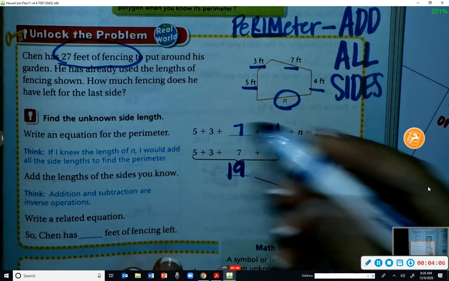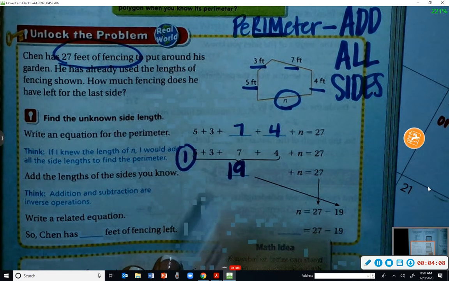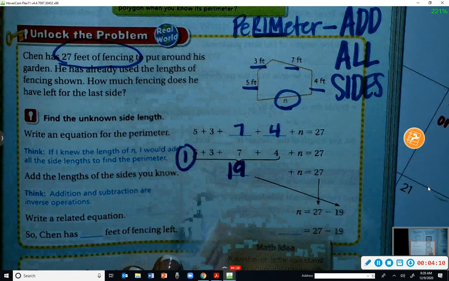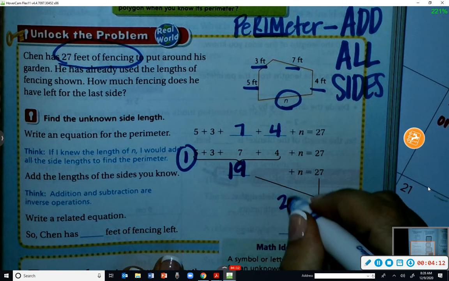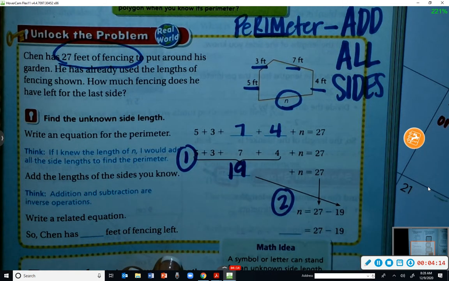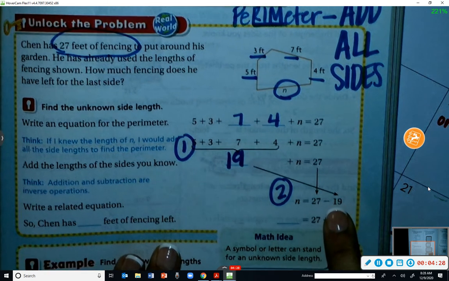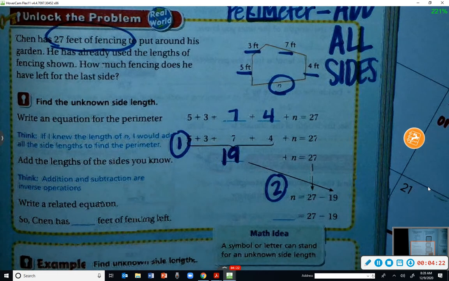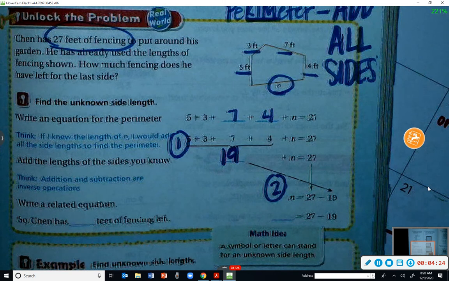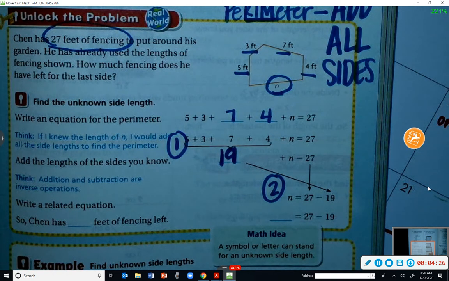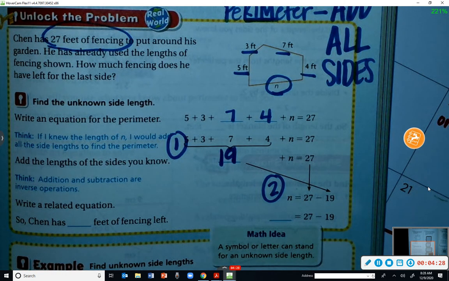Okay, so step 1, we add all of the sides that we know. Step 2, we're going to subtract the sides that we just added up from the perimeter. So 27 minus 19, what would that give me? Evangeline? 0?